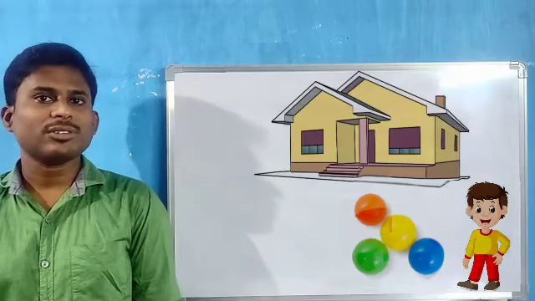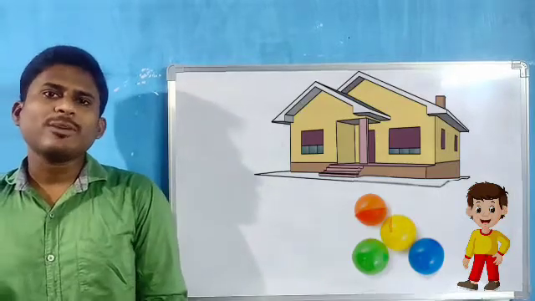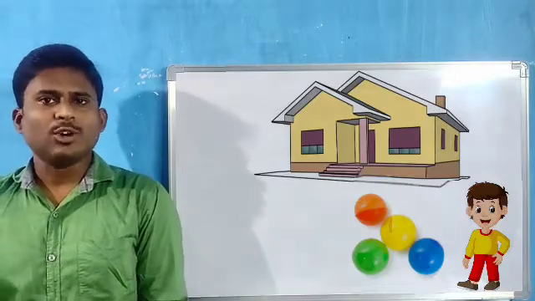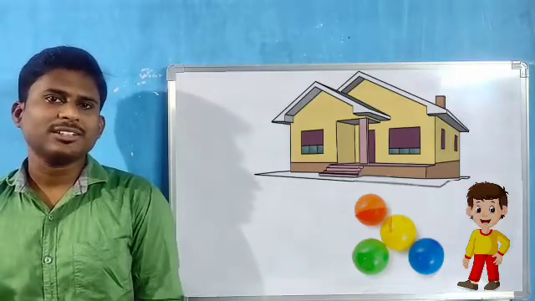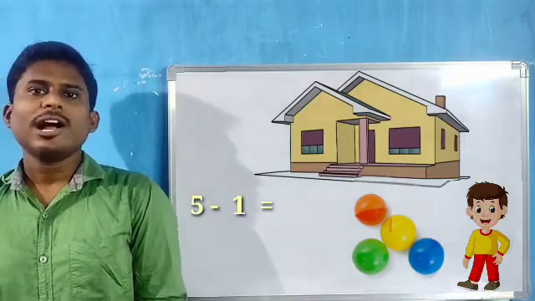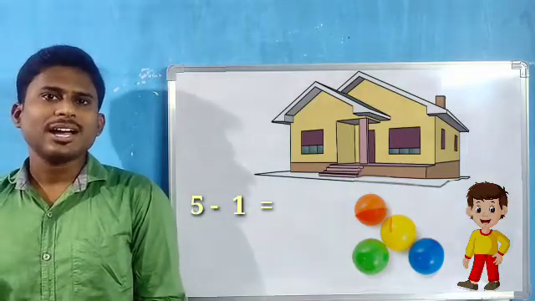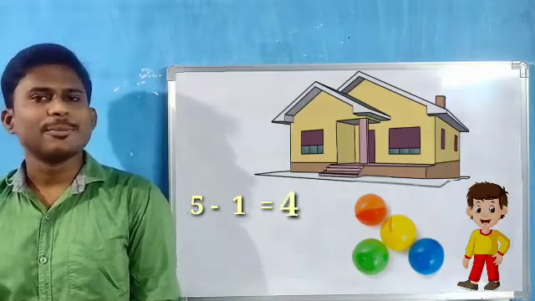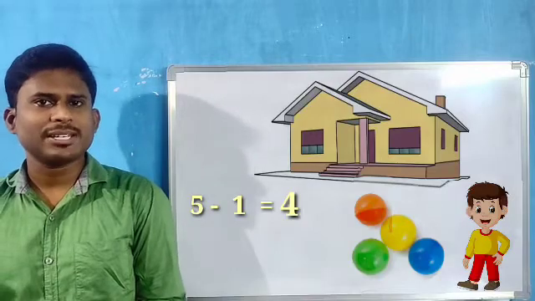Now let us talk about Teja. Actually, how many balls did Teja have? 5 balls. Out of 5 balls, how many balls did he give to Charan? 1 ball. So 5 minus 1. Now, how many balls will Teja have now? 4. So what is the number, children? It's a before number, meaning predecessor.